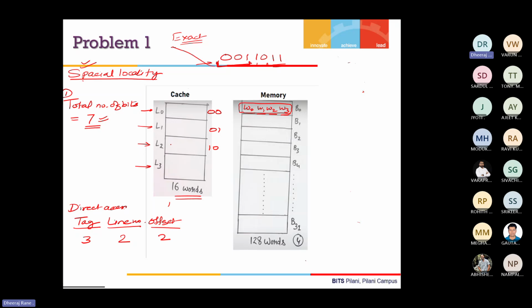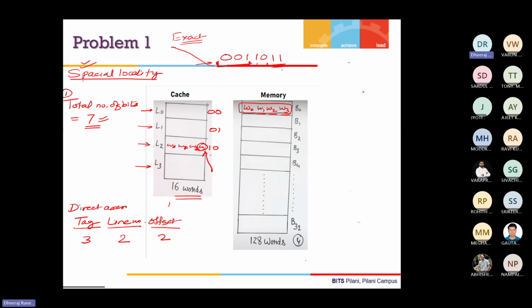Whatever the word is, if it corresponds to W0, 1, 2, 3 in sequence, because this is 1, 1, ultimately the request is referring to this particular word. So this way you can have the interpretation.